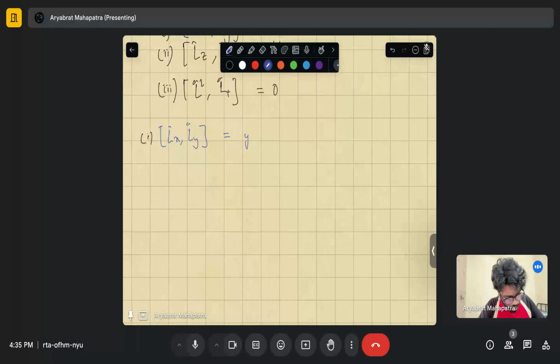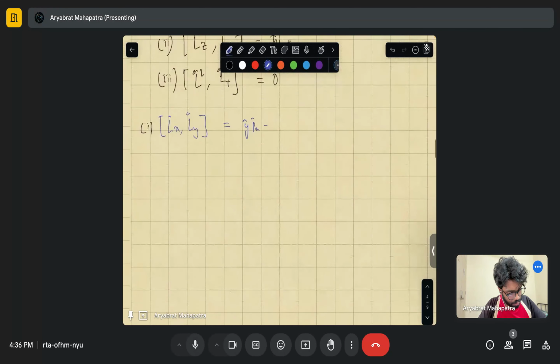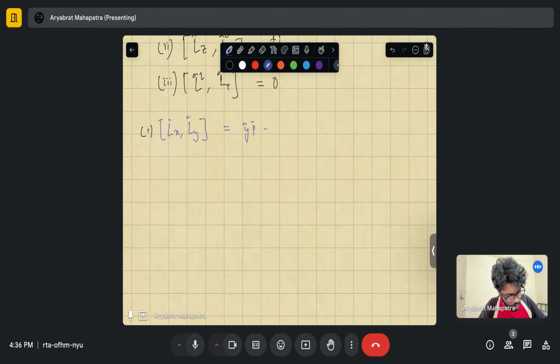Lx is Y Pz minus Z Py. We are doing this commutation of Lx with Ly, where Ly is Z Px minus X Pz. Now solve it term by term.